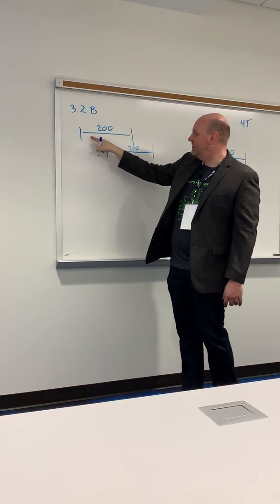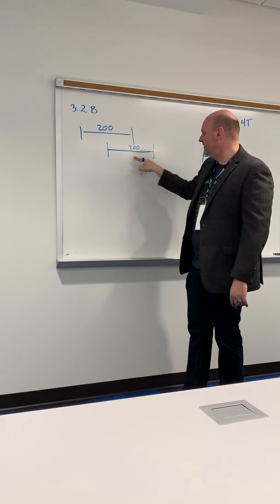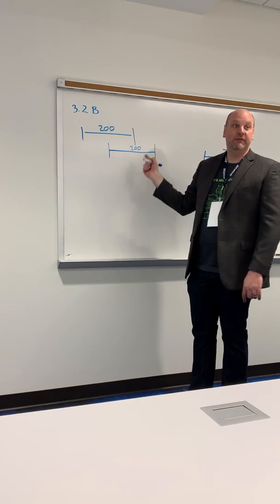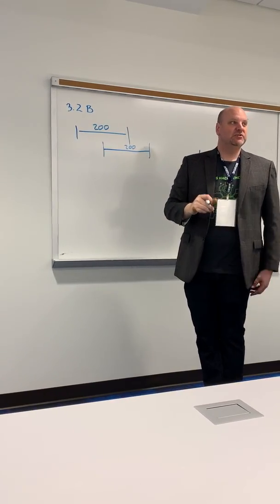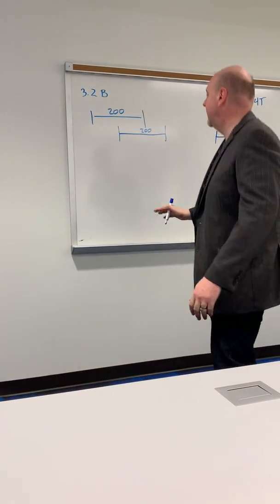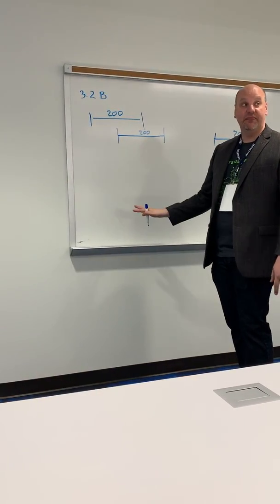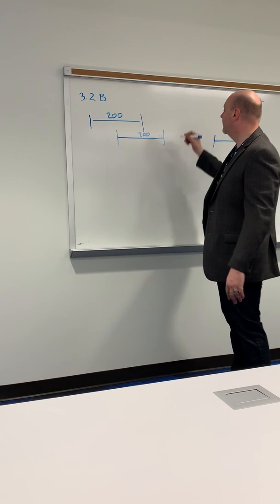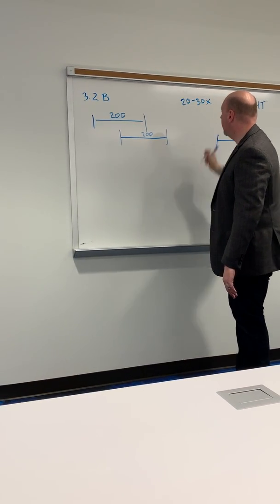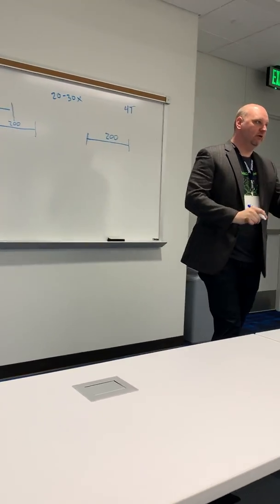And so this 200 bit and this 200 bit have some that are in common but some that are not. So in order to get a DNA sequence out of an individual and have some confidence that you've got the right code, you have to sequence every single letter of the code 20 to 30 times.